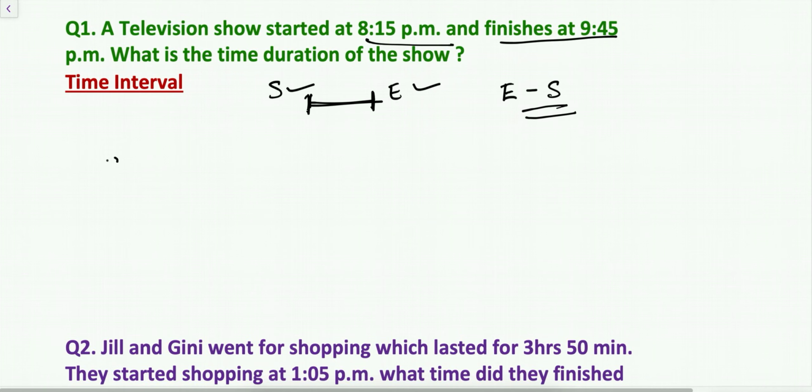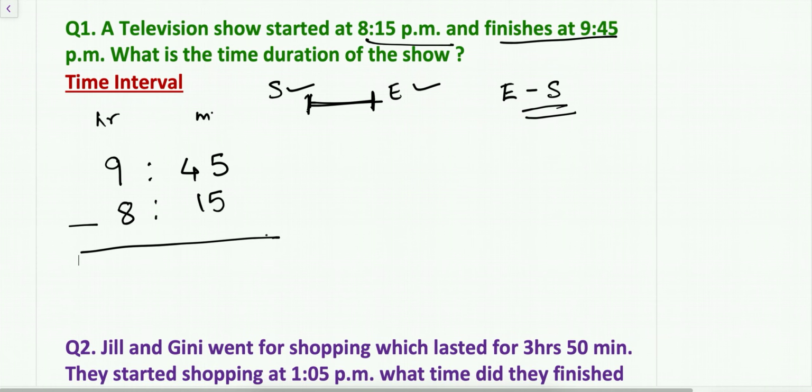So what is the end time? 9:45. This is hour and this is minute. 9:45 minus 8:15. We will start from the left-hand side. So 5 minus 5 is 0, 4 minus 1 is 3, 9 minus 8 is 1.